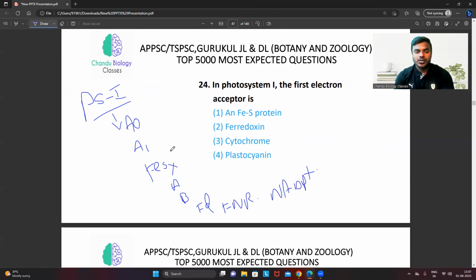Correct or not? So friends, in the given question, they did not give A0, they did not give A1. Then they have given iron sulfur protein. Then the answer will be iron sulfur protein. Suppose if they did not give iron sulfur protein also, then undoubtedly ferredoxin.